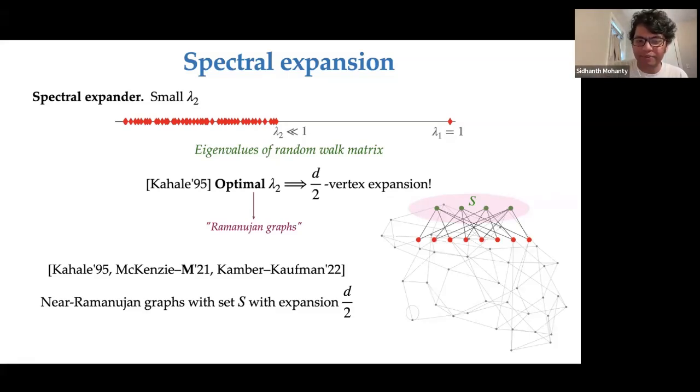And later with Theo Mackenzie, we gave pseudo-random graphs which are near Ramanujan, and also there is a set with expansion d over 2. And actually, in a more recent, very striking work of Cumber and Kaufman, they proved that these algebraic Ramanujan graphs also do have small sets with expansion d over 2, and specifically the exactly Ramanujan graph construction of Morgenstern.